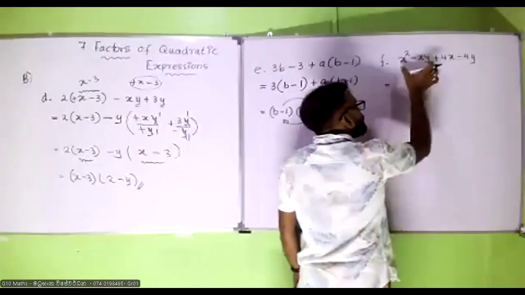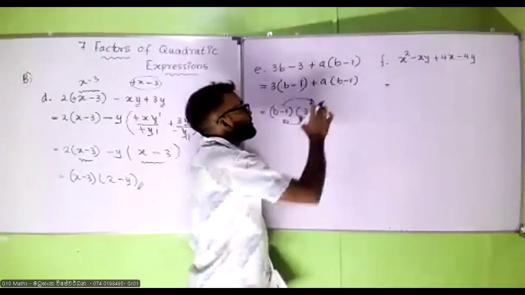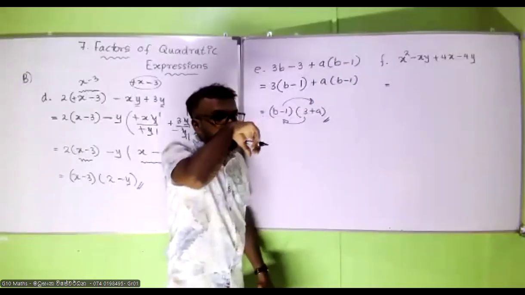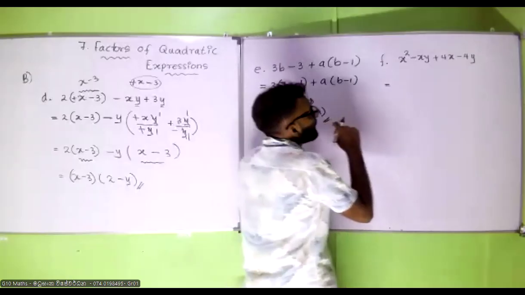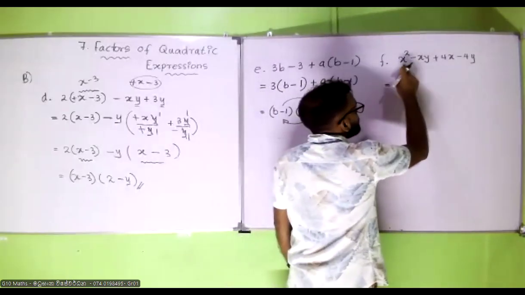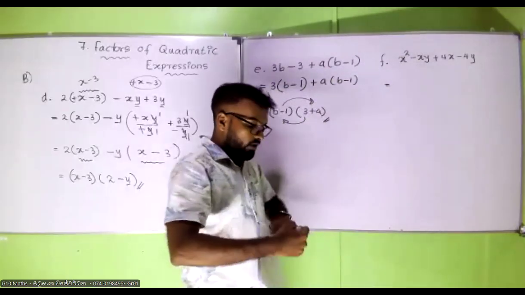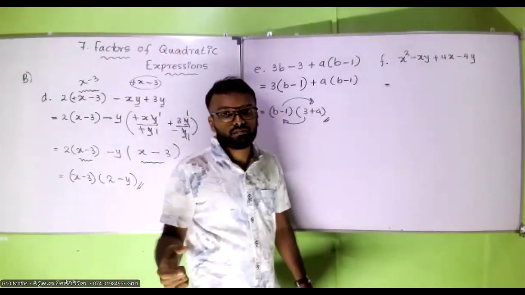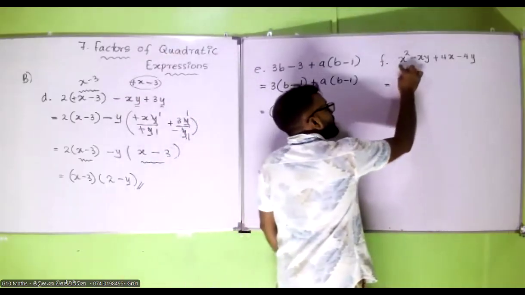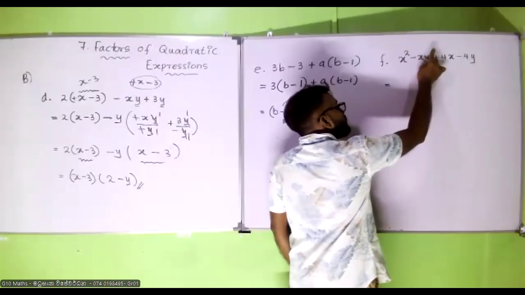So now you do not have any parenthesis terms. Now you are going to check these 2 terms, and if you have any common term, you are going to take it out. Here x to the power 2, x to the power 1, y to the power 1.